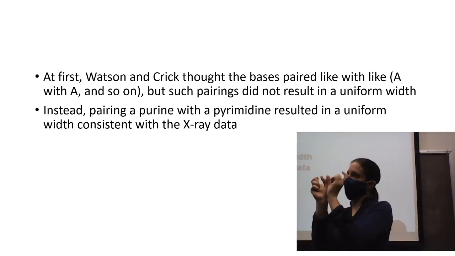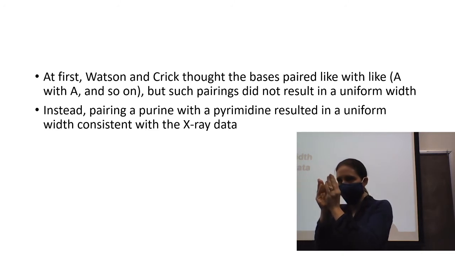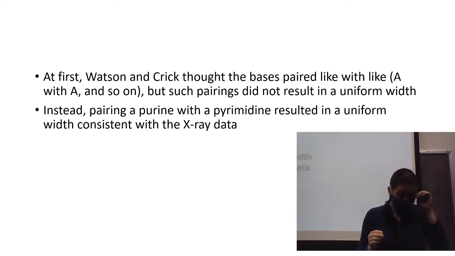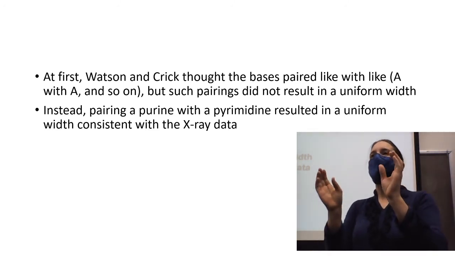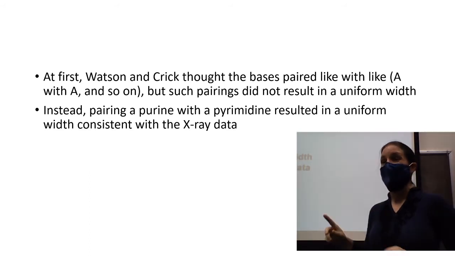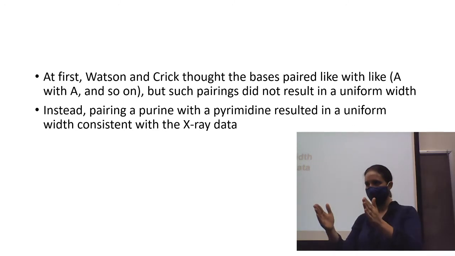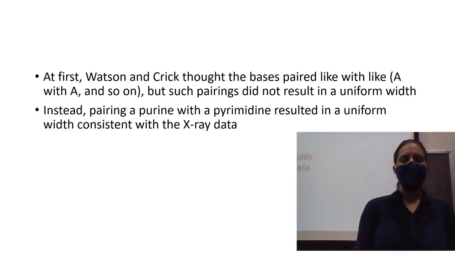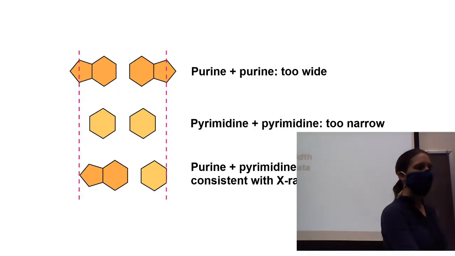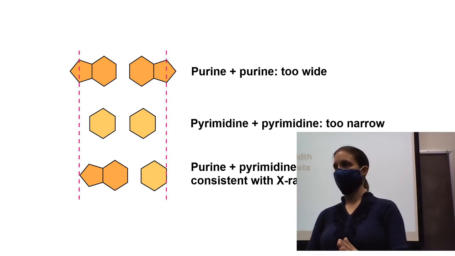The fat ones are pairing with fat ones, and the small ones, the pyrimidines, are pairing with themselves. That doesn't work either, because then the shape's lumpy. It's not consistent. But if you pair a purine with a pyrimidine, you've got a consistent width.